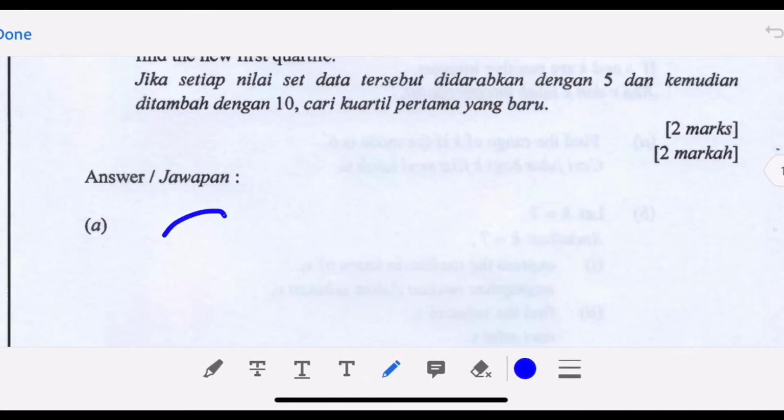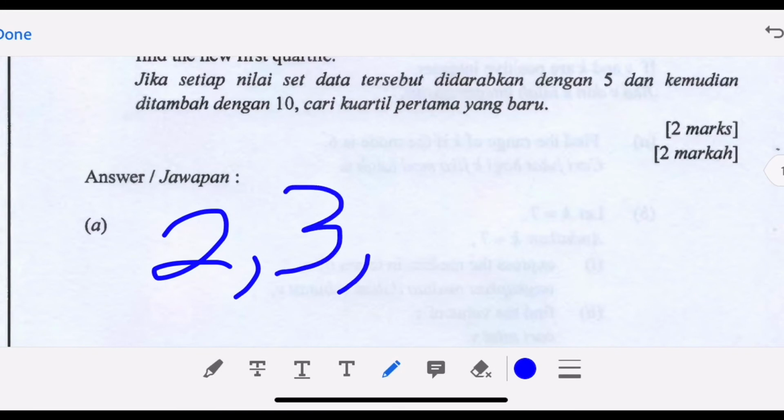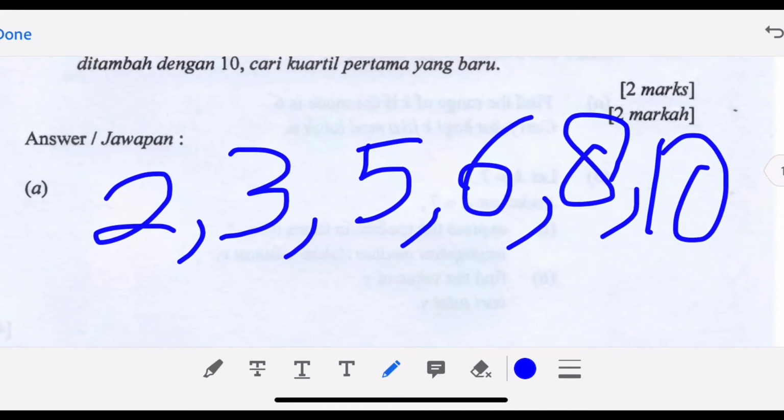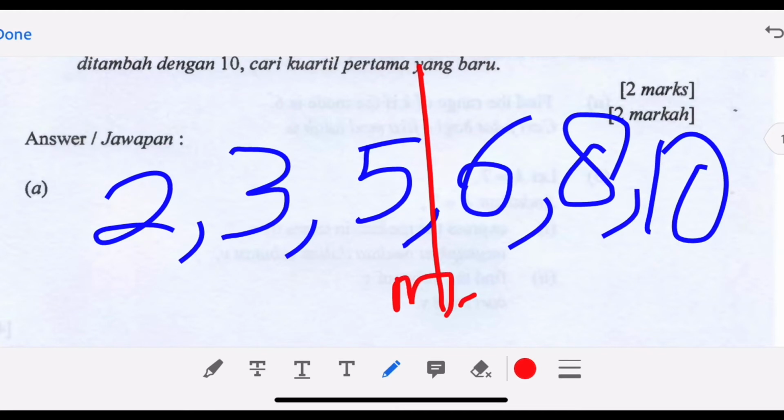Alright, we have another statistics question whereby we have to find the first quartile. In order to find the first quartile, you have to arrange the data in order, and then normally we divide it into 2 groups first, dividing at the middle, that is the median. So you have 2 groups, one to the left, one to the right.